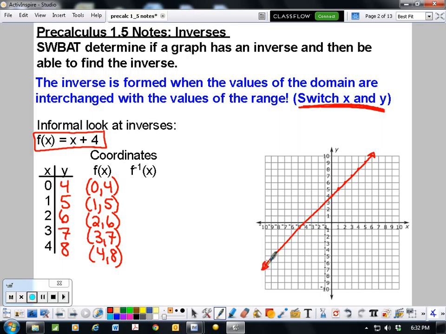Okay, but for my inverse, I'm switching that x and y around. So I'm taking each coordinate and I'm flip-flopping them. And so now this looks like 4, 0 and 5, 1 and 6, 2 and 7, 3 and 8, 4.